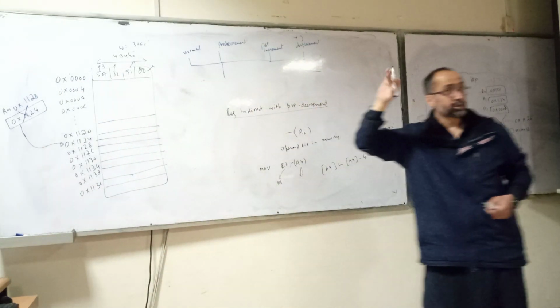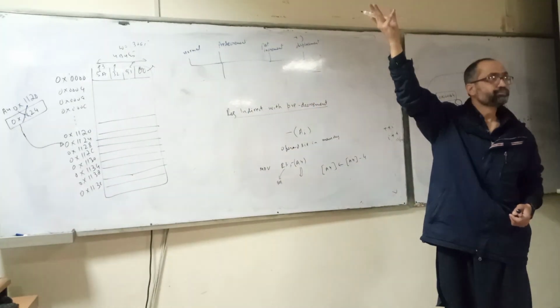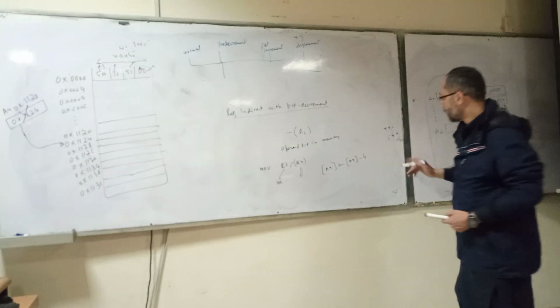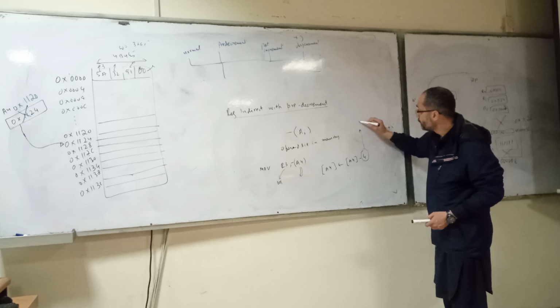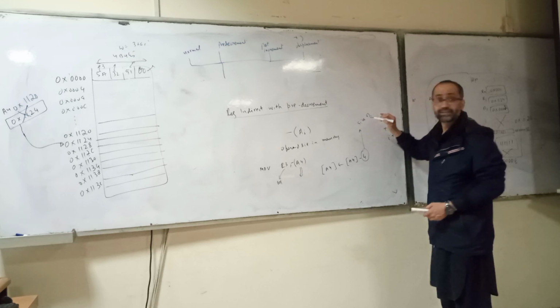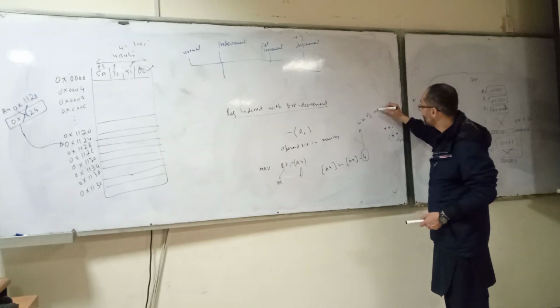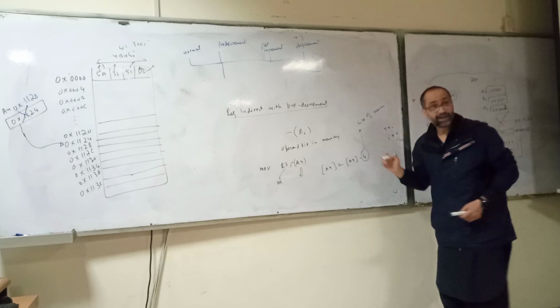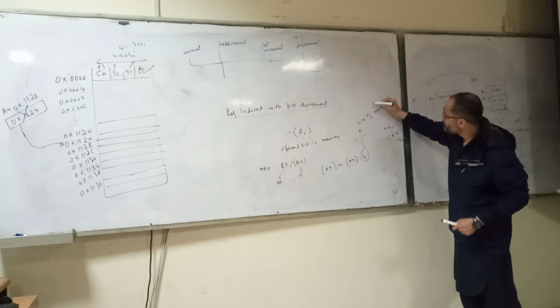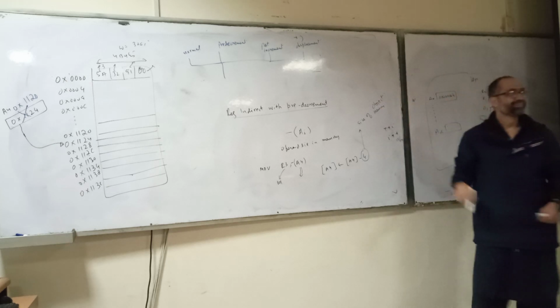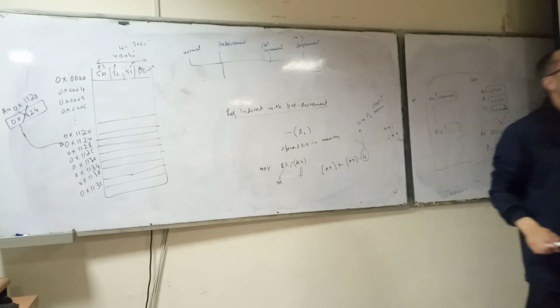It will point to the previous location. Why? It is not minus 4. It is actually the size of the memory location, and it also depends upon the size of the object.